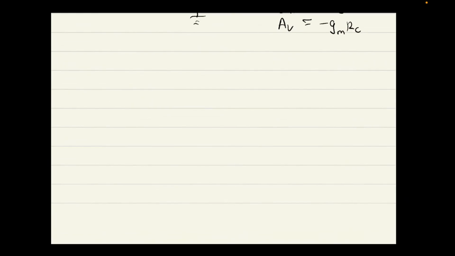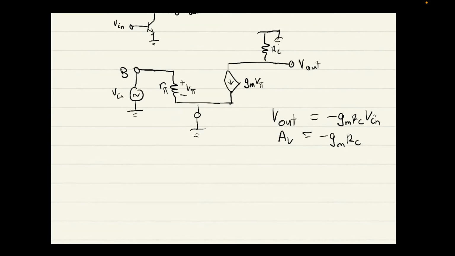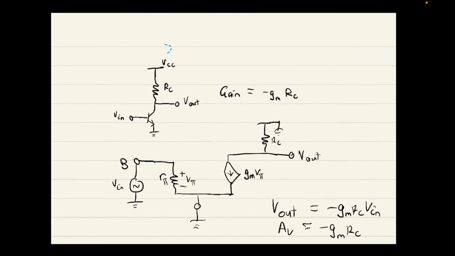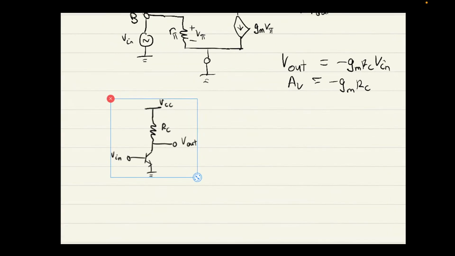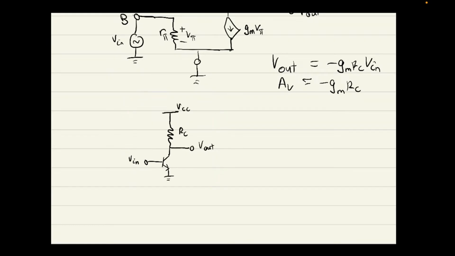But what I'm going to do is change this circuit a little bit. Oh wait, we're on GoodNotes. We can just copy it. All right. Now I'm going to add this resistor.